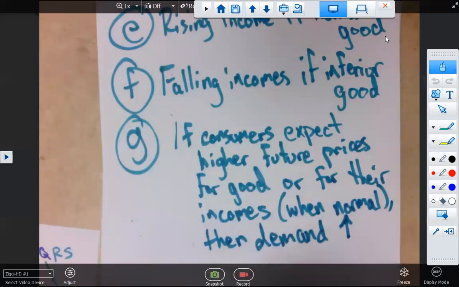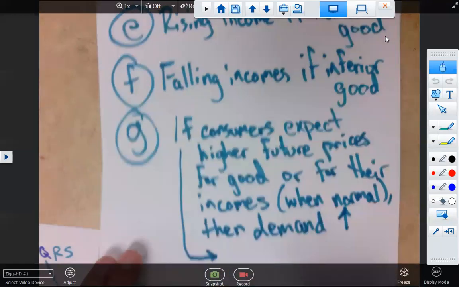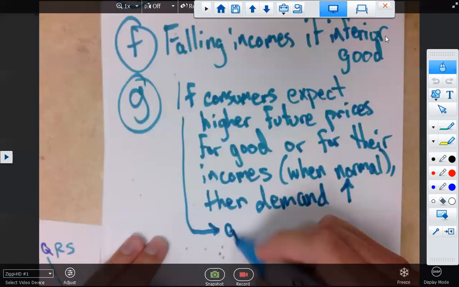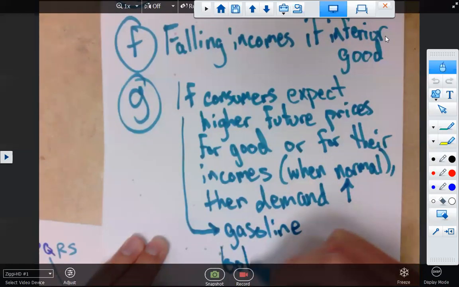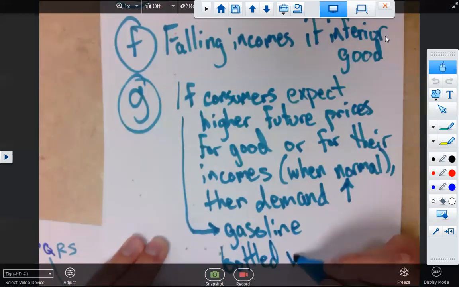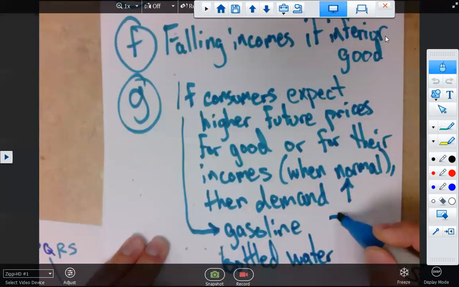So the big one here is gasoline before a hurricane or bottled water before emergencies.